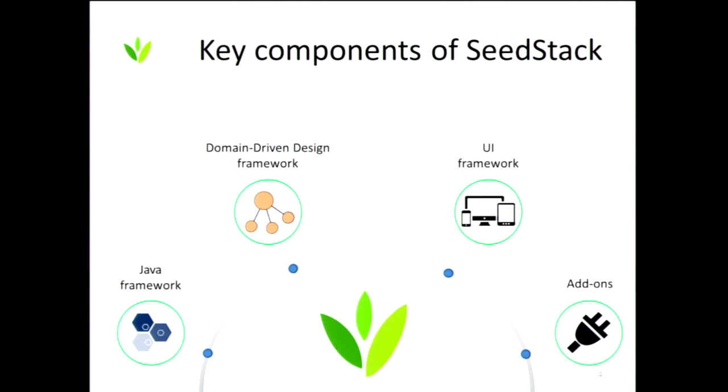It's based on the domain-driven design principles and provides the building blocks to help design and code your business code. So you can find building blocks like base classes for value objects, entities, aggregates, or patterns like repositories, factories, and so on.